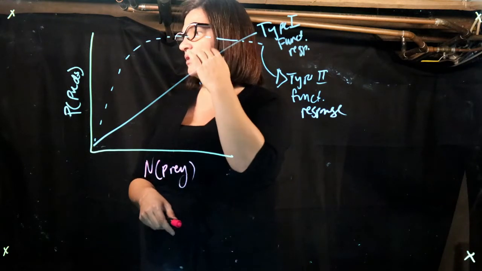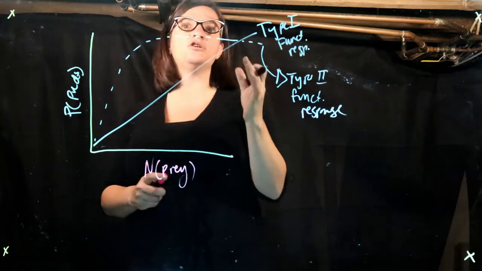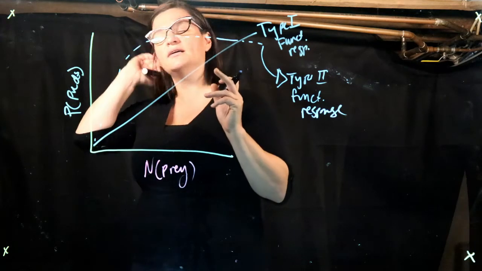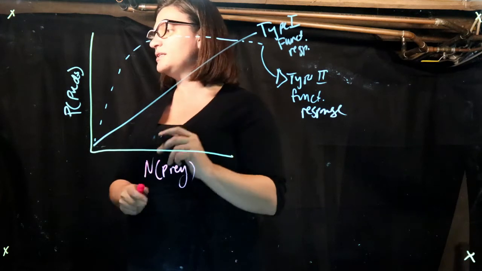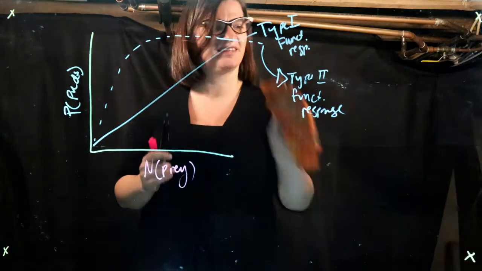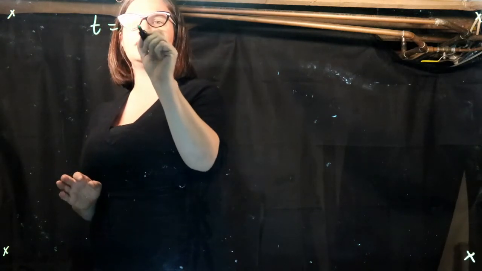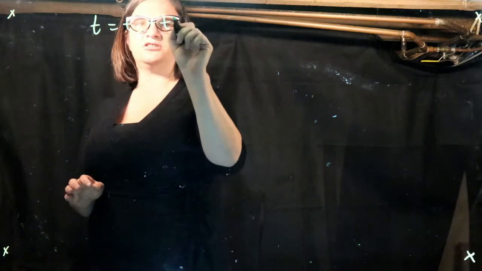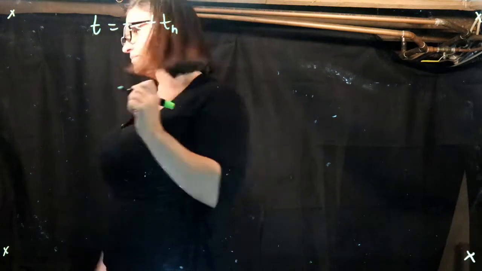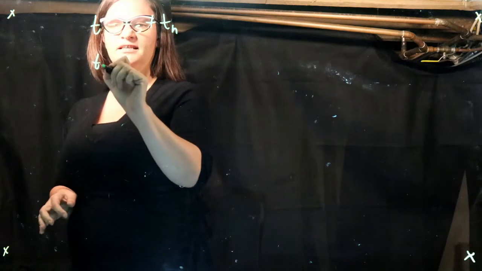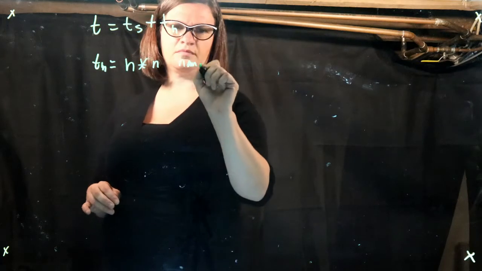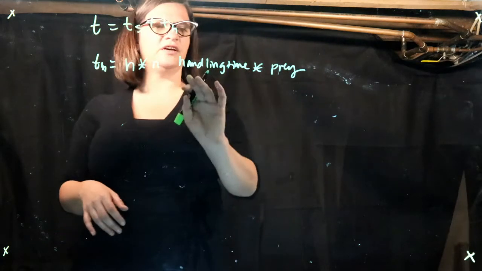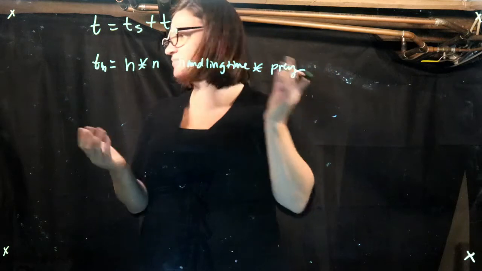So handling time, the total time to get a prey item, is going to equal T of S plus T of H. T of H is that handling time times the number of prey.